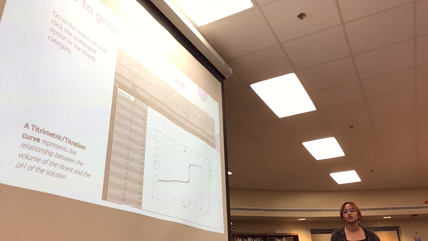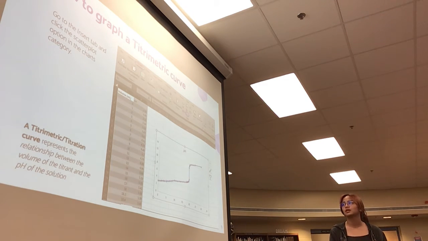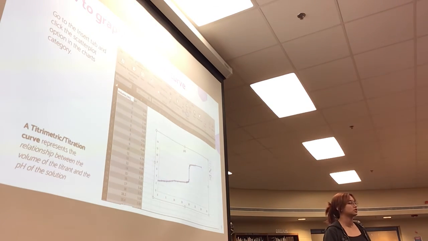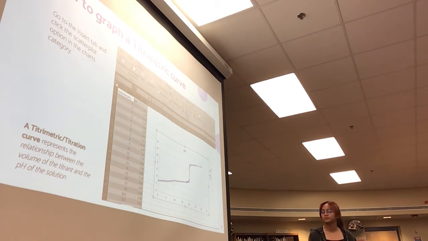This is your titrimetric curve. Obviously, this is not a good chart. You have to change your chart title to fit your experiment, and also change the axis, change the grid lines, and also create the bounds in order to put your graph in the center.